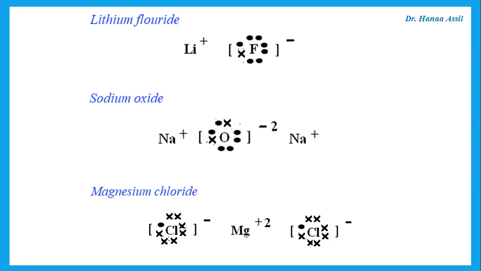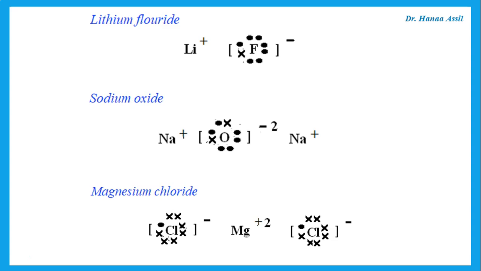Magnesium can lose 2 electrons and become Mg2+, but each chlorine needs only 1 more electron. So I need 2 chlorines to receive the 2 electrons coming from the magnesium, and in that case each chlorine has the 7 of its own in the outer shell plus the extra electron it takes from the magnesium, so it has an overall negative charge.